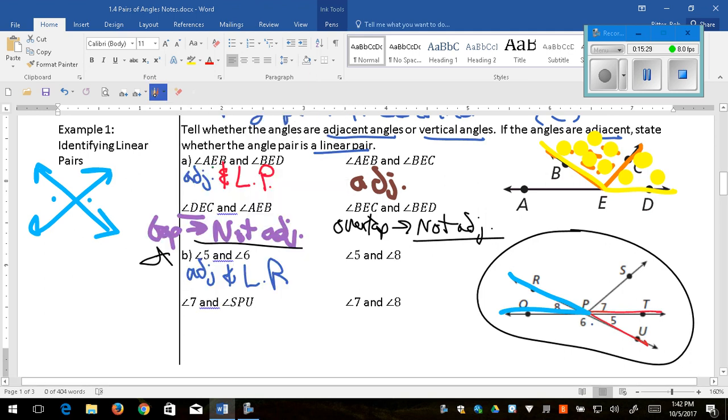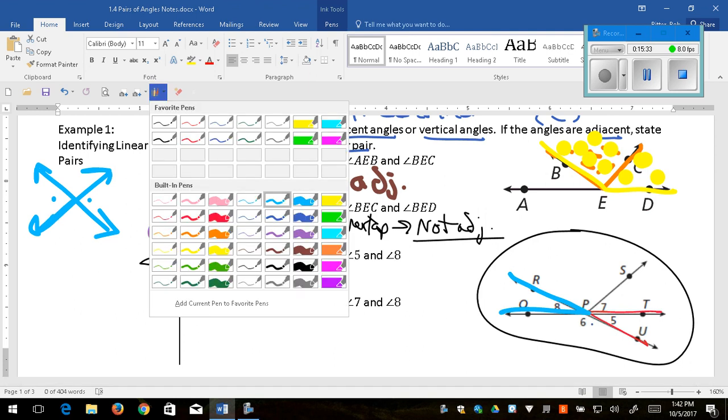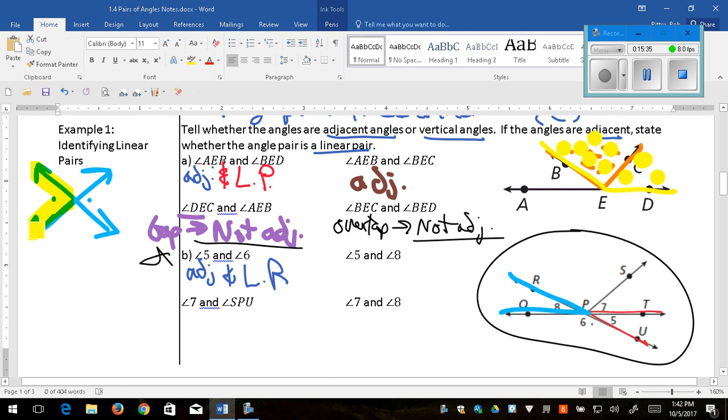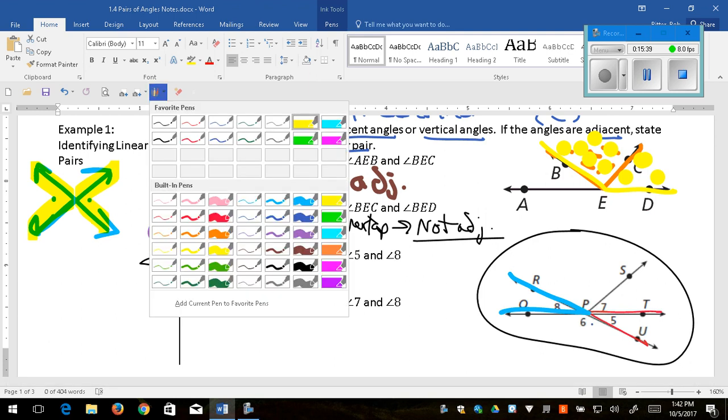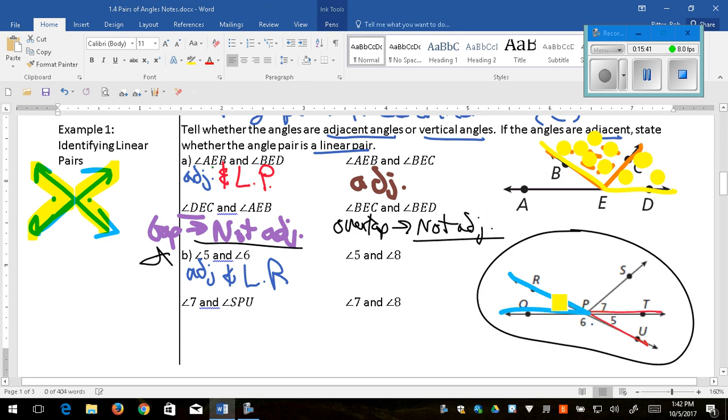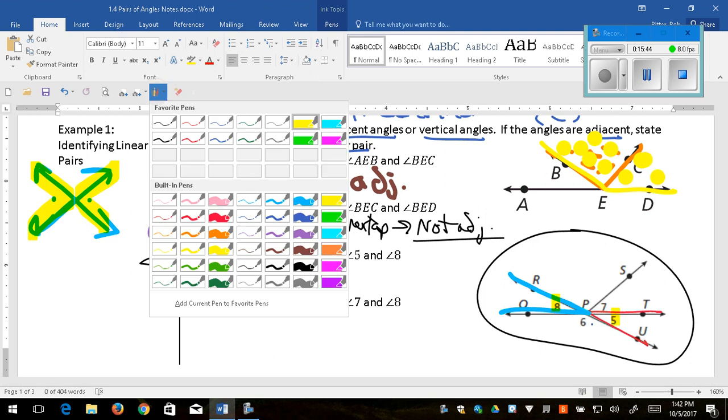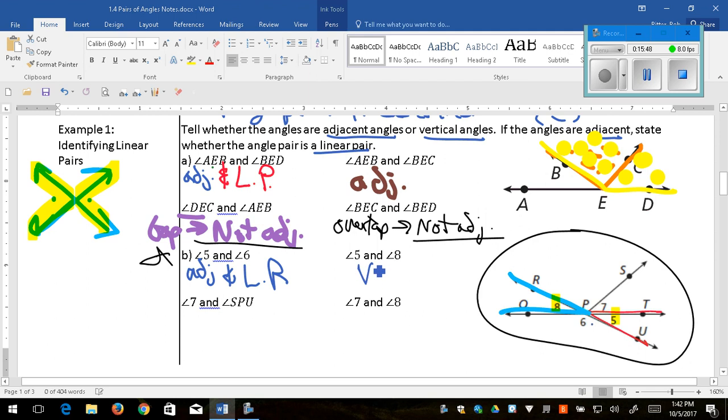Right here and right here, those kind of point into each other. We have the same thing going on here. Angle 8 is pointing to angle 5. So these angles are vertical angles. And you can put capital V, capital A for vertical angles.